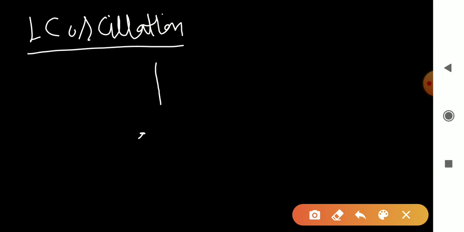In the oscillation of a simple pendulum, the energy settles in the same manner periodically between the kinetic energy and the potential energy of the bob. So this is a simple pendulum. We see that it moves in this direction, again it comes back to the mean position, and again it moves in this direction.